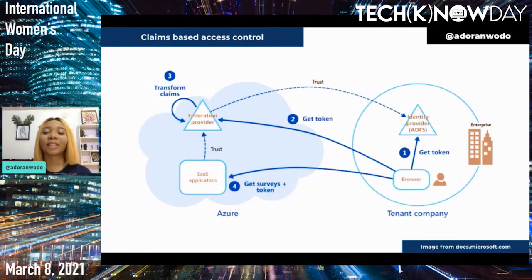Another example, as we can see in this diagram here, is: I have my own service as a company, I have my application, and I am using this STS, right? I'm using this identity provider.